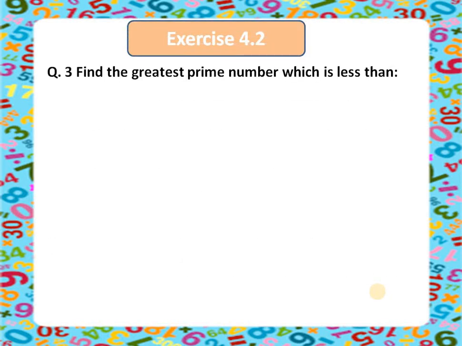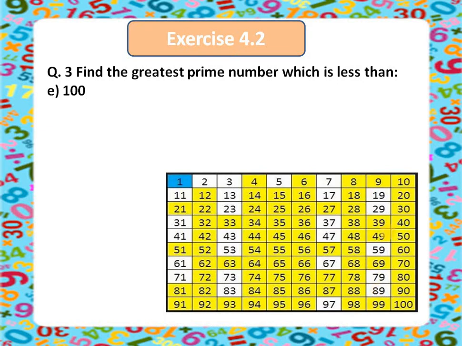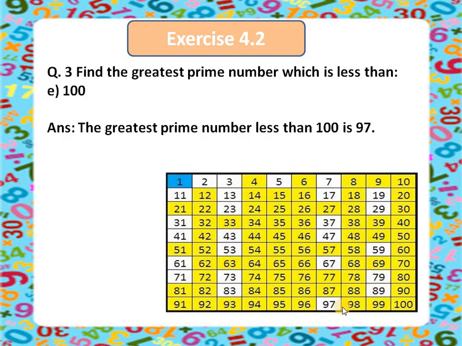Question number 3, find the greatest prime number which is less than... the last E part, 100. So just before that, 99 is a composite number, 98 is a composite number, 97 is a prime number. So the answer is 97. The greatest prime number less than 100 is 97.